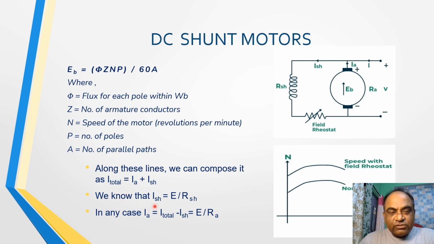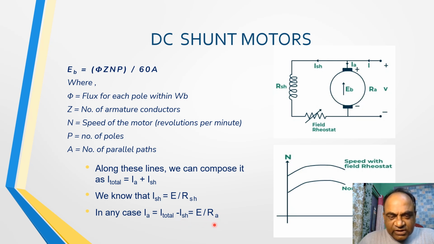And we can also see here ISH is equal to, as the voltage V has been applied directly on this shunt field, the current through this shunt field. ISH is equal to V upon RSH or E upon RSH. E is nothing but the V. In any case, IA is equal to I total minus ISH, that is equal to E upon RA.